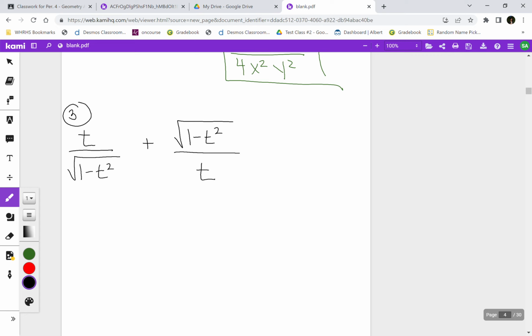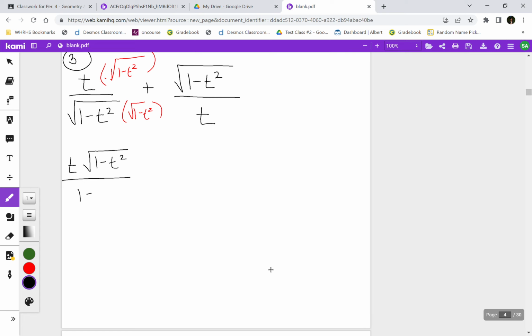So I'm going to multiply the bottom by the root of 1 minus t squared and the top by the root of 1 minus t squared. So now we'll have t times the root of 1 minus t squared all over 1 minus t squared plus the root of 1 minus t squared over t.